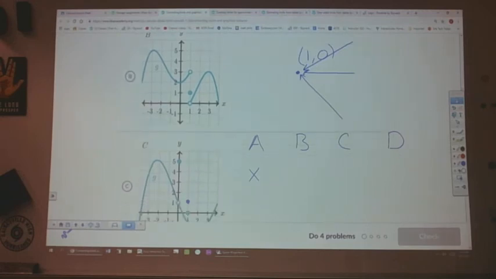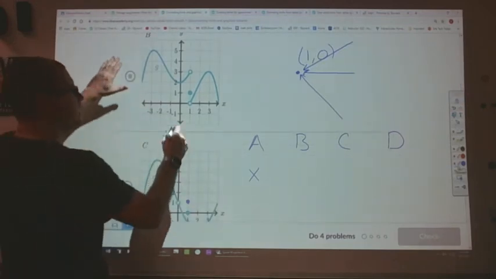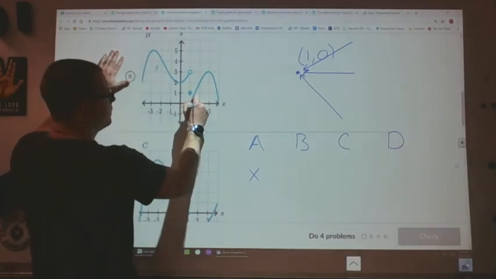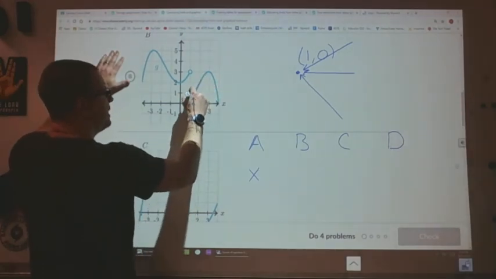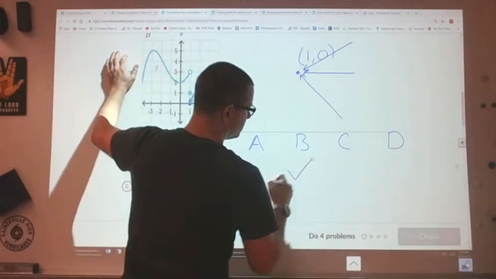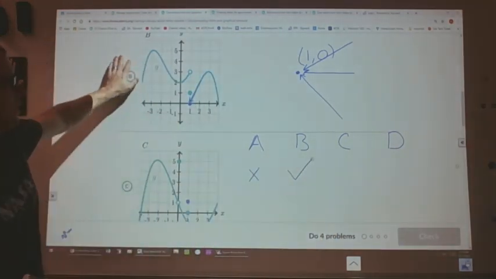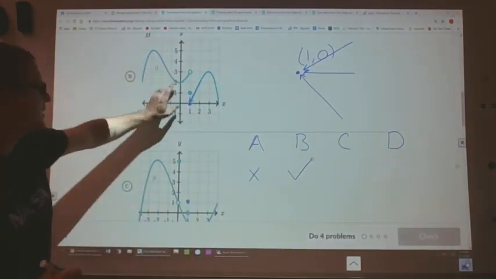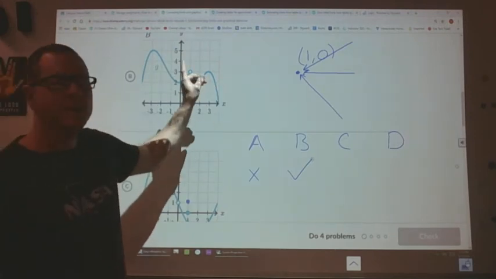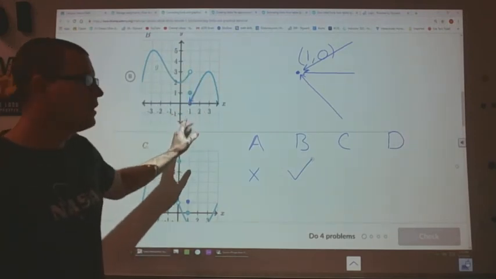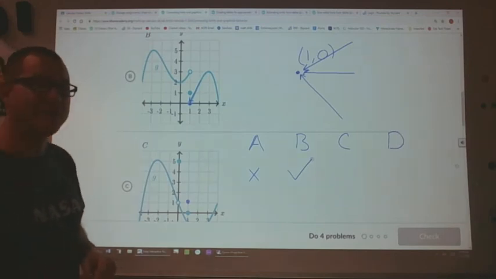Let's look at B and C. B, here's the point 1, 0. As I move to the right, it's approaching that. B works. Again, I didn't look at any other part of the graph besides the point 1, 0 and the right-hand behavior. Is the graph pointing at that coordinate?